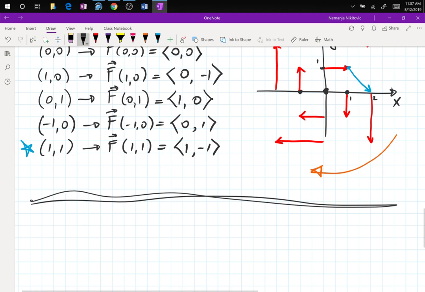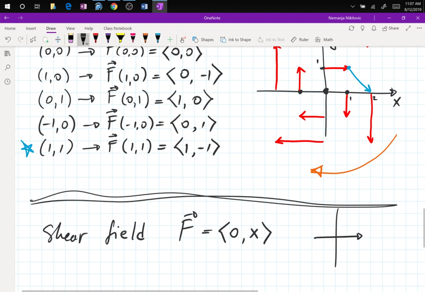Some other examples would be a shear field, given as 0, x. And that one would create, on one side, vectors that go up, and the further out you are, the stronger the movement.